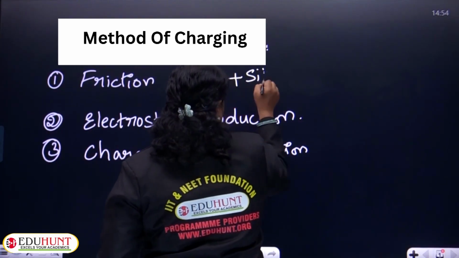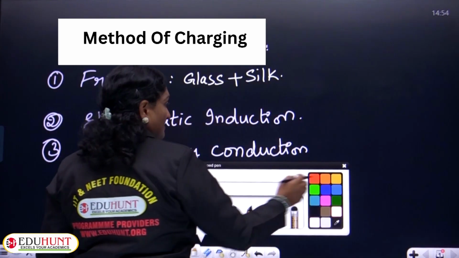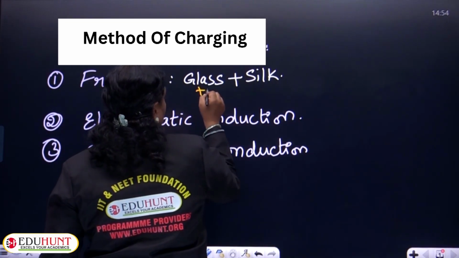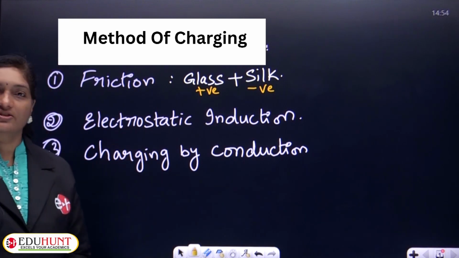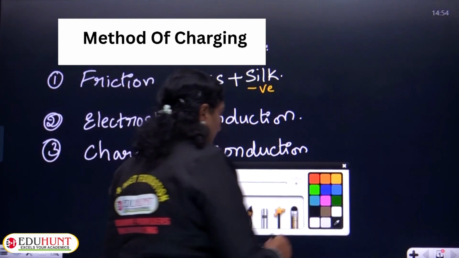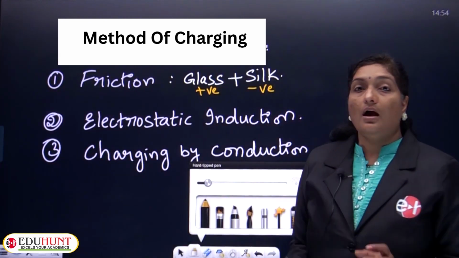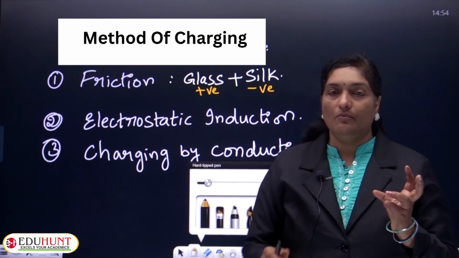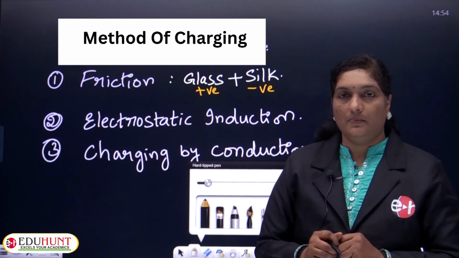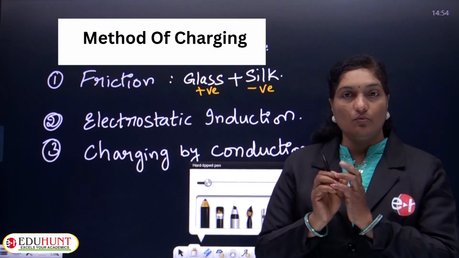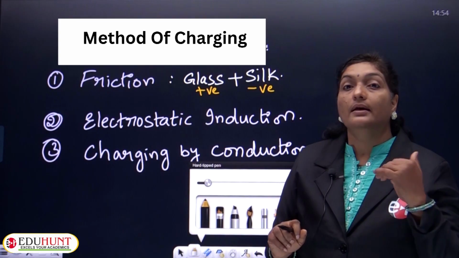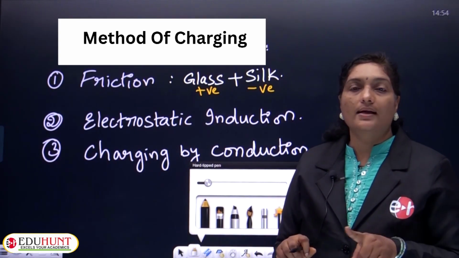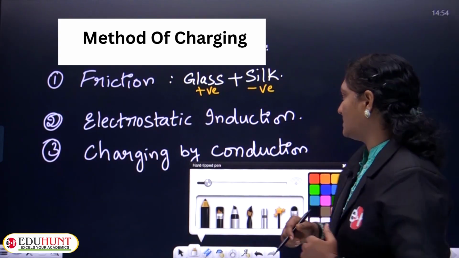Similarly, if an ebonite rod is rubbed with wool, the ebonite rod becomes negatively charged, whereas the wool becomes positively charged.